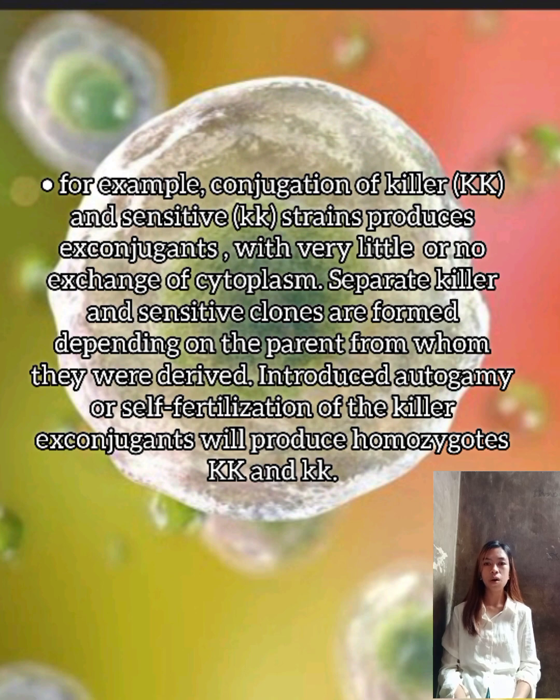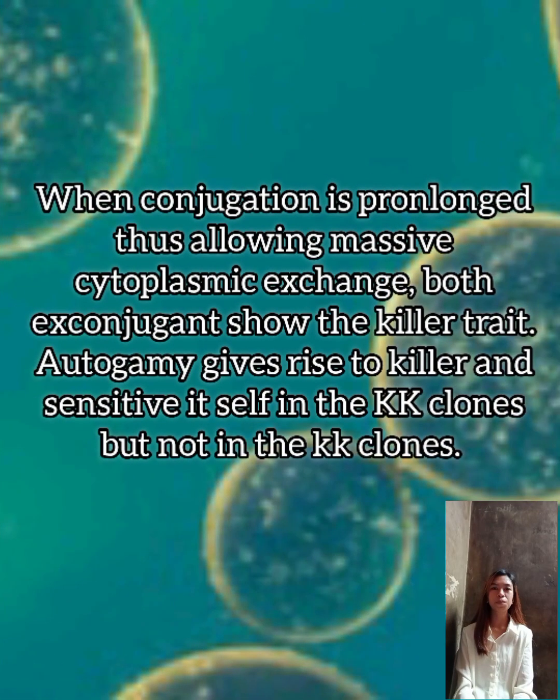Through autogamy, or self-fertilization, of the killer, the ex-conjugants will produce the homozygotes KK and kk. When conjugation is prolonged, thus allowing massive cytoplasmic exchange, both ex-conjugants show the killer trait. Autogamy gives rise to killer and sensitive itself in the KK clones but not in the kk clones.